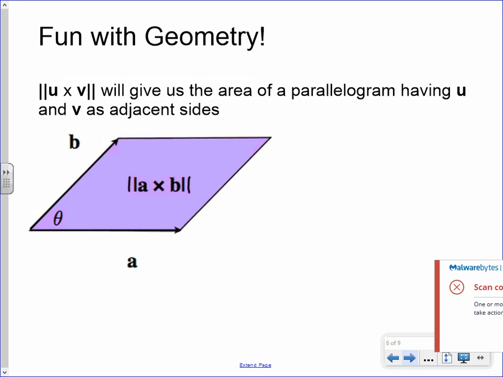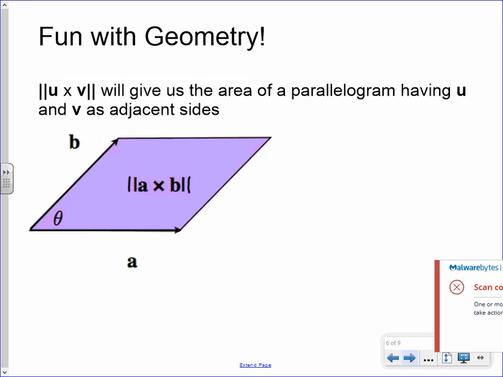We can find the area of a parallelogram without having to find its height. You can find the height from there too. If you have the area, you can divide by the magnitude of A, so you would have to find the magnitude of A and then divide by it.